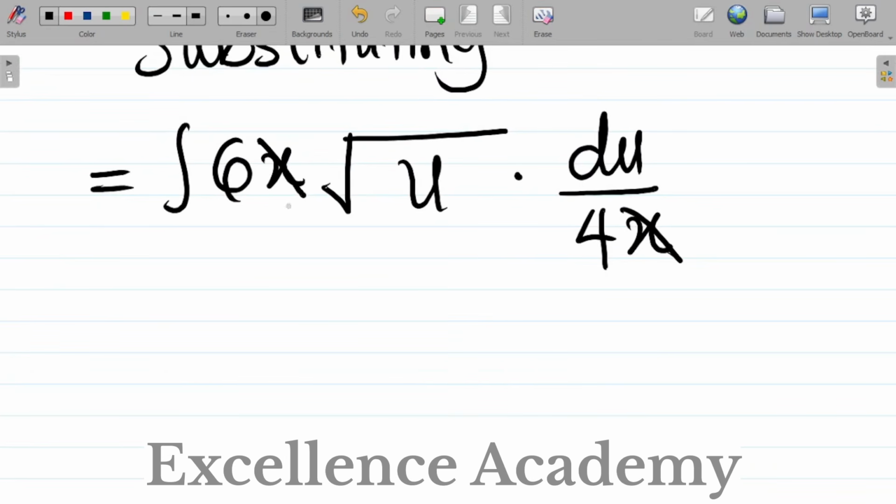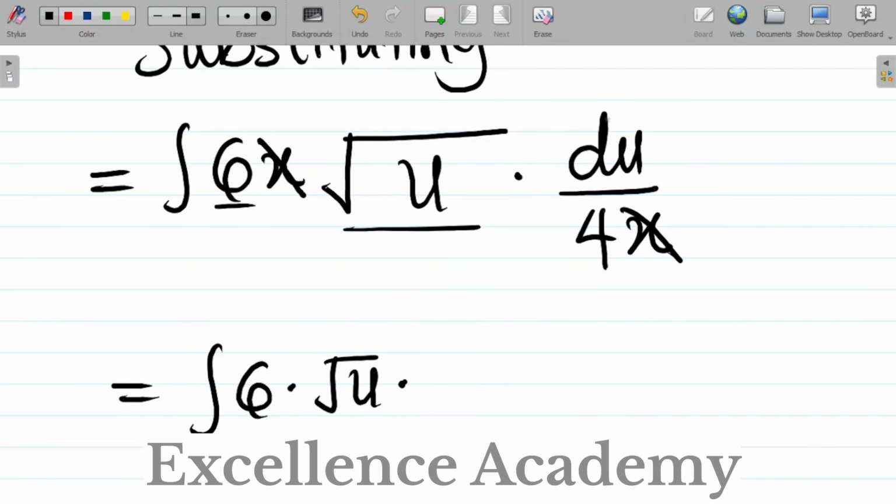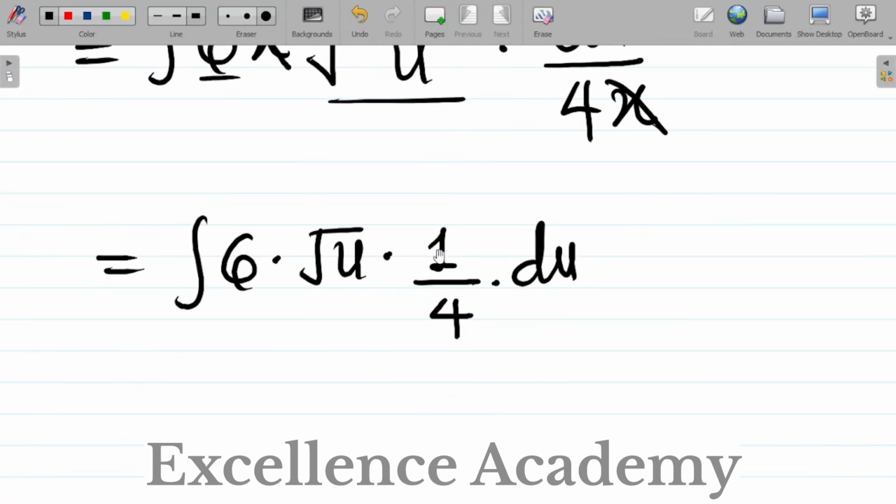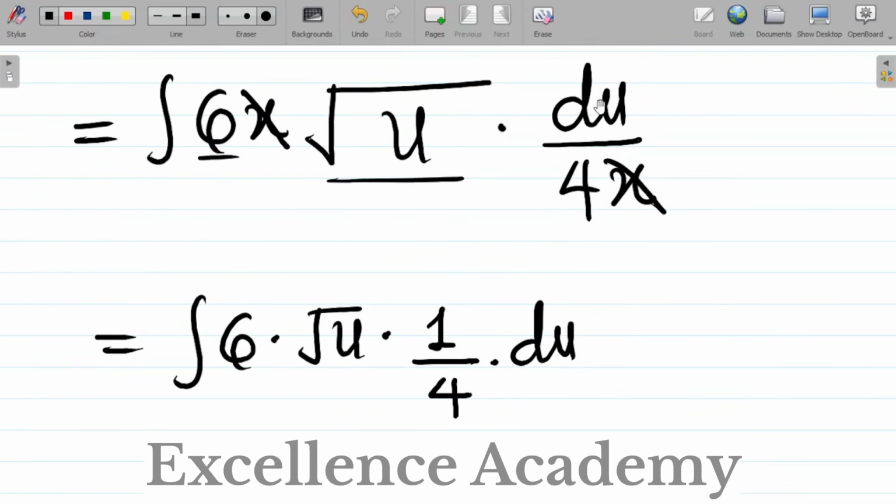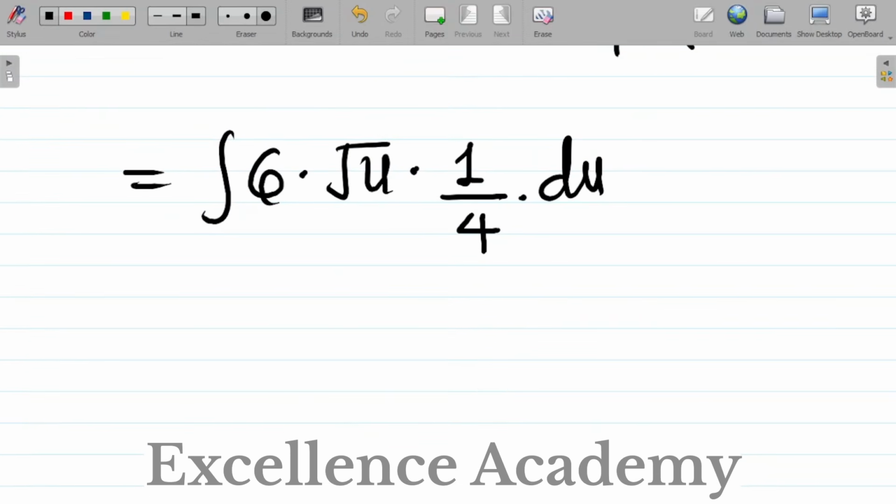So next up, I'm having 6 here. So let's simplify this. This is equal to the square root of, this is 6 dot root u dot, this can be broken down into 1 over 4 dot du is the same thing. 1 over 4 times du is the same as du over 4. Let's take the constant terms outside the integral sign.